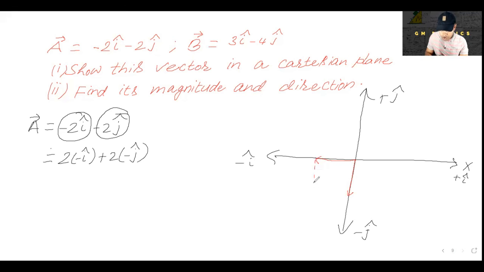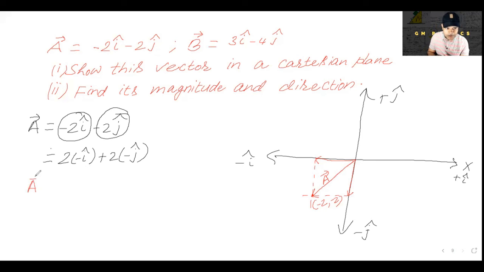Now simply draw 2 perpendiculars. The point of intersection will have coordinate -2, -2, and this shows my vector, which is the vector -2i -2j, right? It's so easy. Now we have to calculate the magnitude of the vector. How to find the magnitude of the vector?